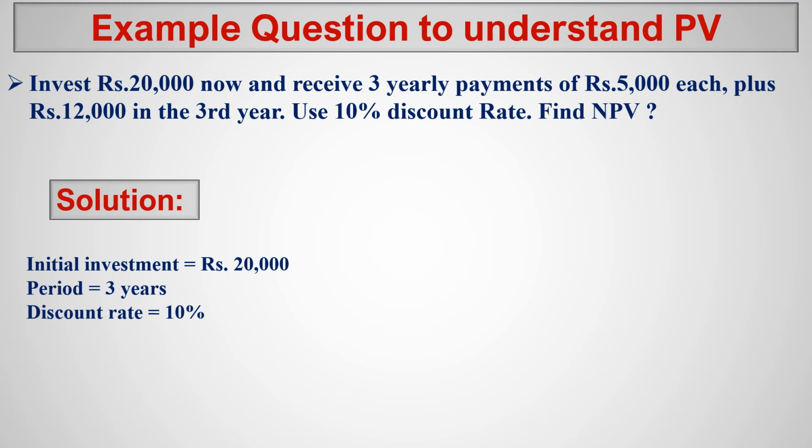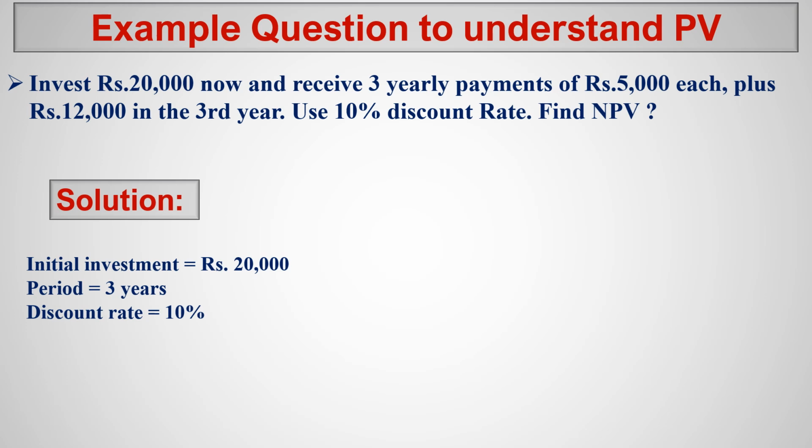So here the question is: invest rupees 20,000 now and receive 3 yearly payments of 5,000 each plus rupees 12,000 in the third year. Use a 10% discount rate to find the NPV.